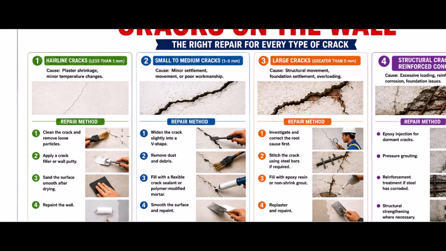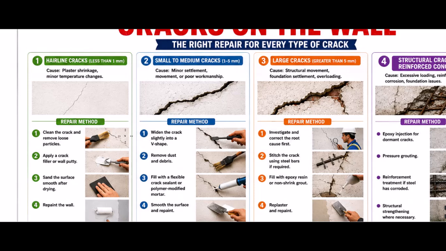For the third crack, which is the large cracks, they are said to be greater than 5 millimeter in size, and the cause for these large cracks is structural movement, foundation settlement, and overloading. Now, the method to repair such cracks is step 1, investigate and correct the root cause.